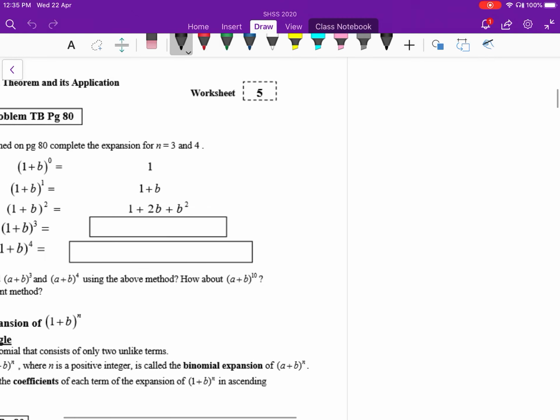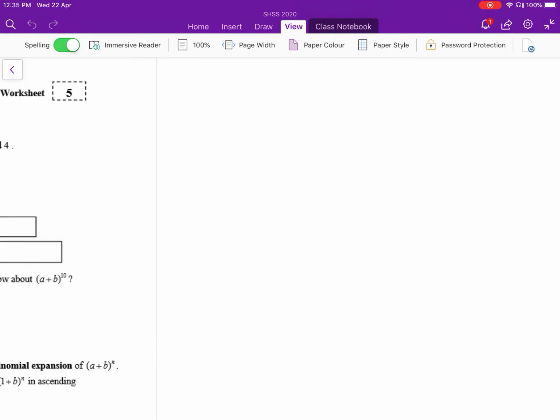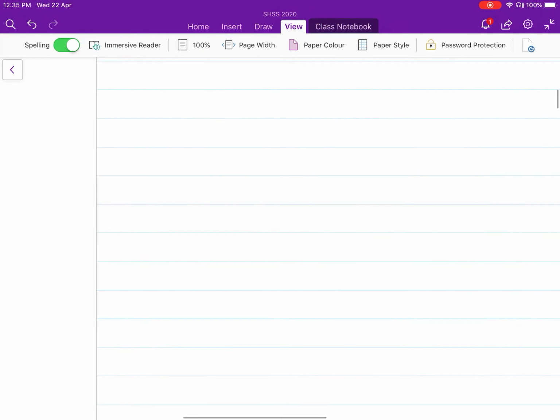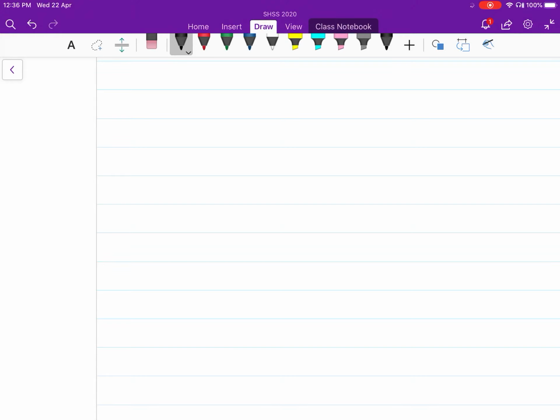Now, before we start on binomial theorem, I want to expand something for you. In secondary 1, we have learned that (1 + x) to the power of 1 is 1 + x. No problem. In secondary 2, we learned (1 + x) squared, which if you expand is 1 + 2x + x squared.